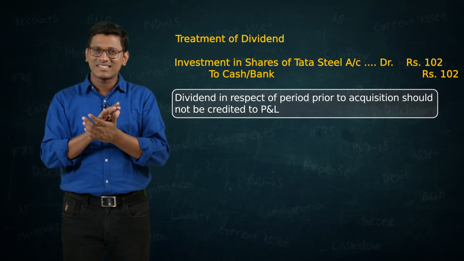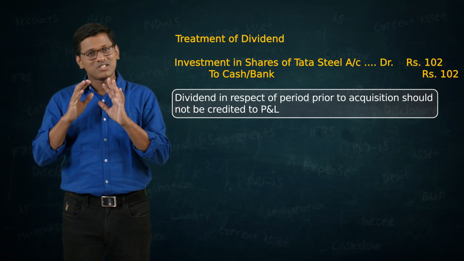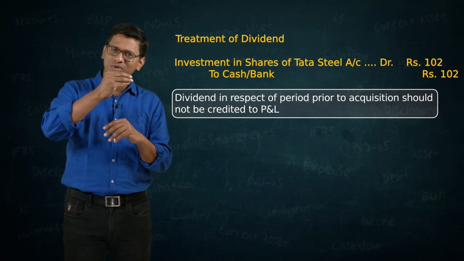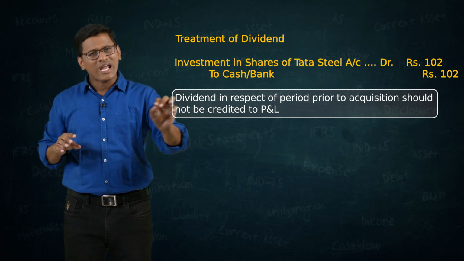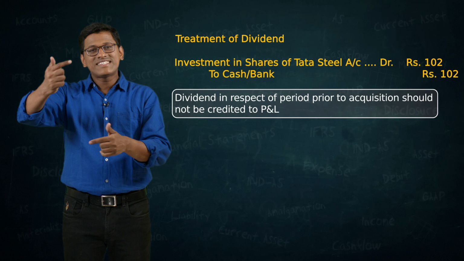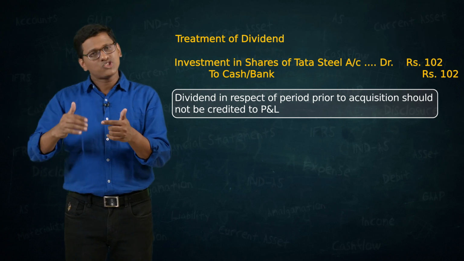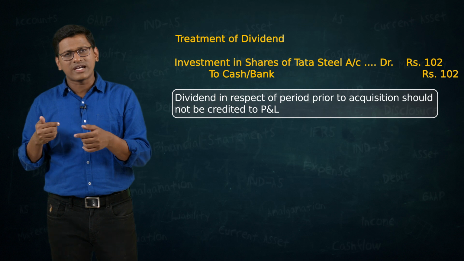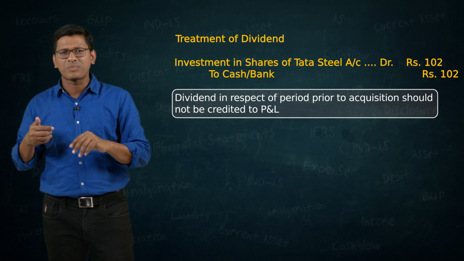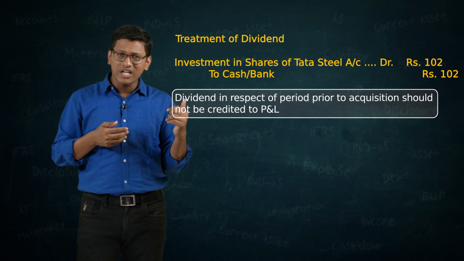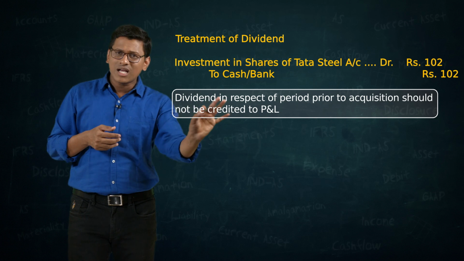The accounting standard says at the time of purchasing, the journal entry is very simple: investments in equity shares account debited 102, to cash or bank 102. When you receive such dividend, you should call it pre-acquisition dividend. So journal entry: cash or bank account debited, say the dividend we are receiving is 1 rupee, cash or bank account debited 1 rupee to dividend income 1 rupee.